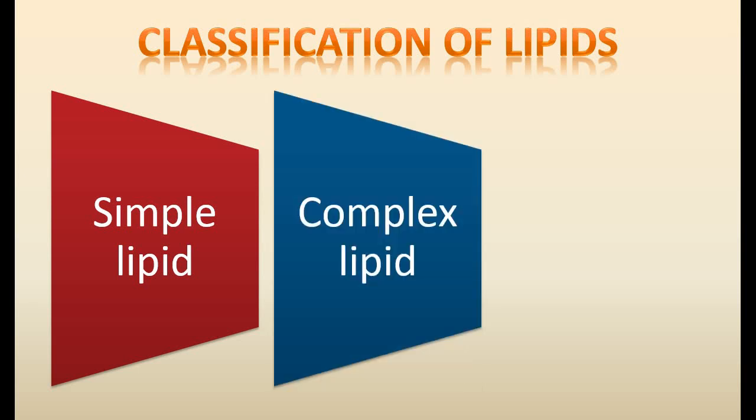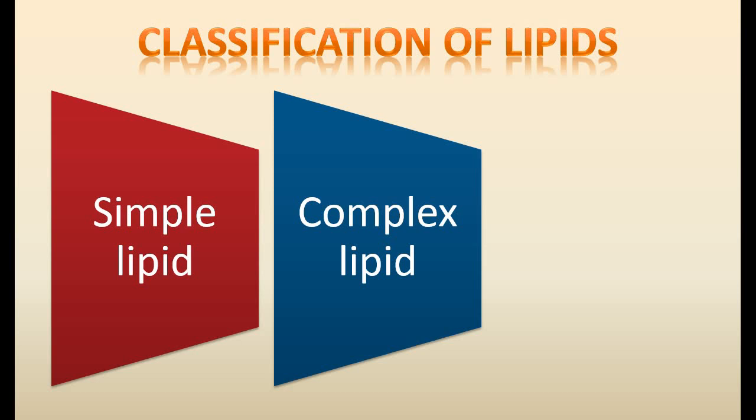The second classification is the complex lipids, and they consist of fatty acids and alcohol and one or more other groups such as phosphorus or nitrogen, and these can be found in the brain and the CNS.